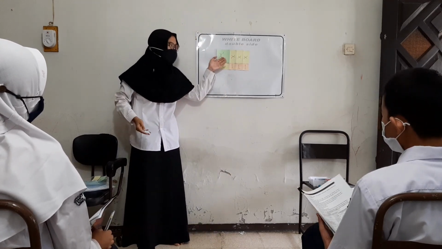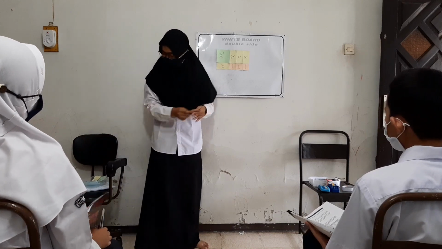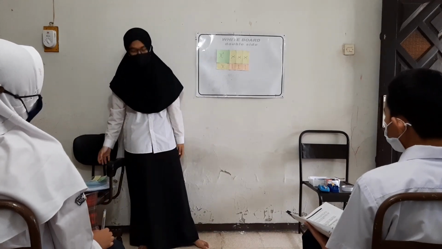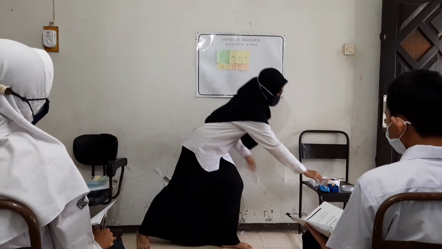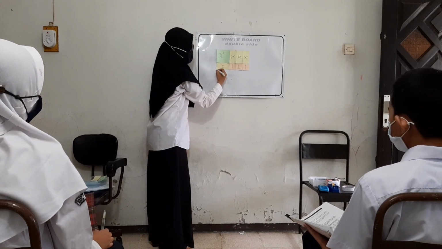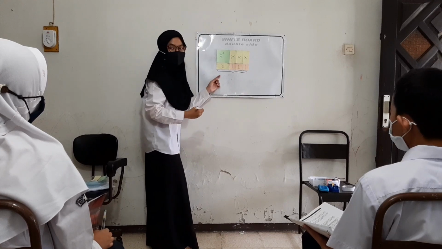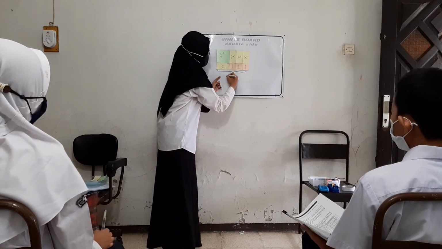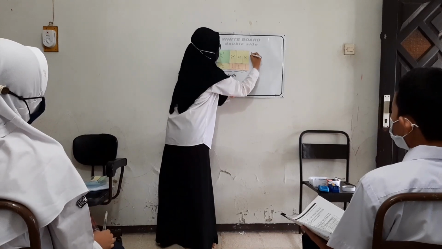Can you spot what type of shape this is? Rectangle. And do you remember how to find the area of a rectangle? The area is length times width.